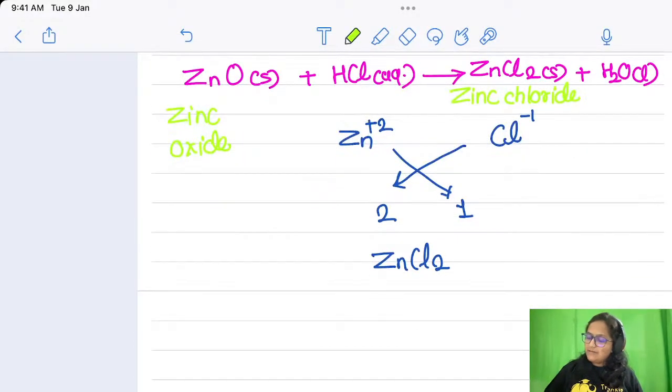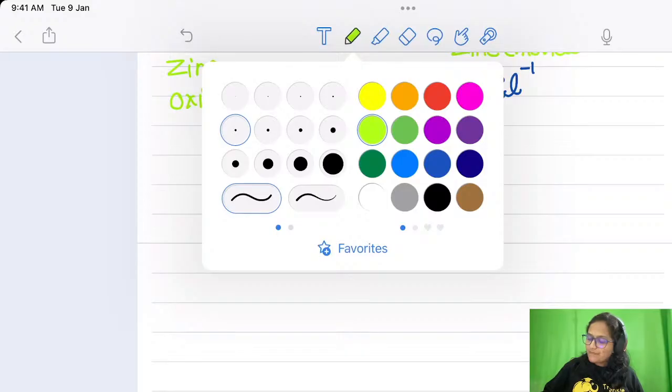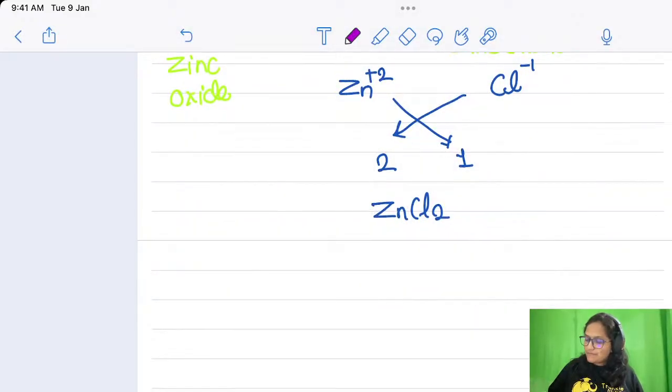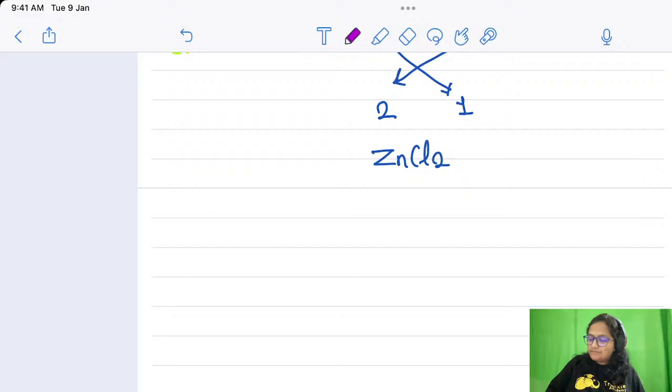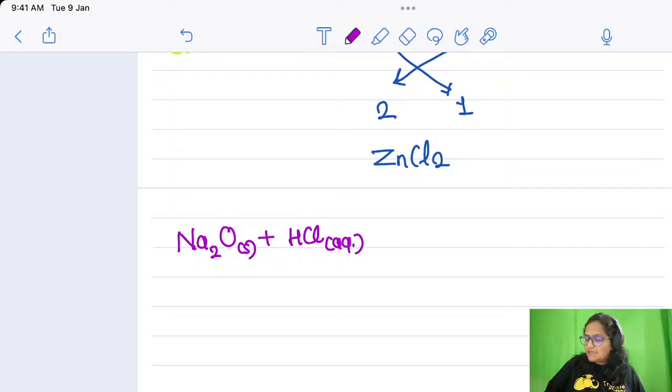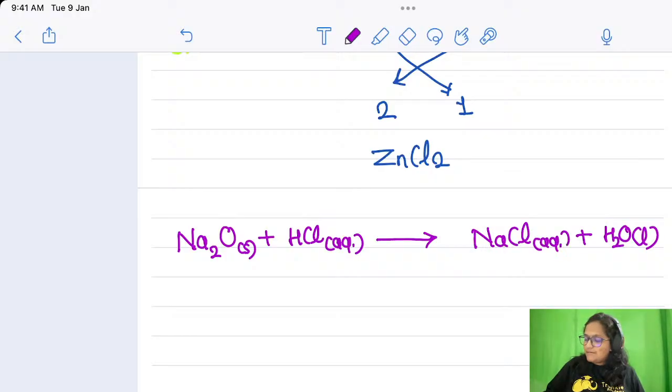Next example we can write down. It was between Na2O and HCl. Na2O solid, HCl aqueous gives you, first of all remove water from this, and the formula for NaCl, sodium chloride, is this.